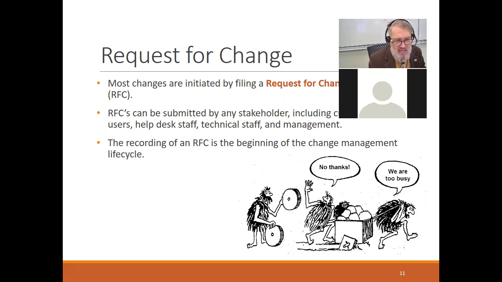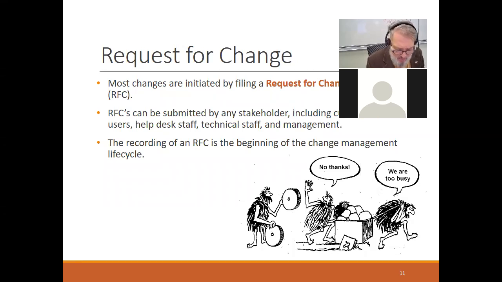Somebody in the engineering department using the same computer system as somebody in the health sciences department is going to have different needs. The people in health sciences might say, we should have this change happen, and the IT people can't just do that without considering how it's going to impact on the other users.